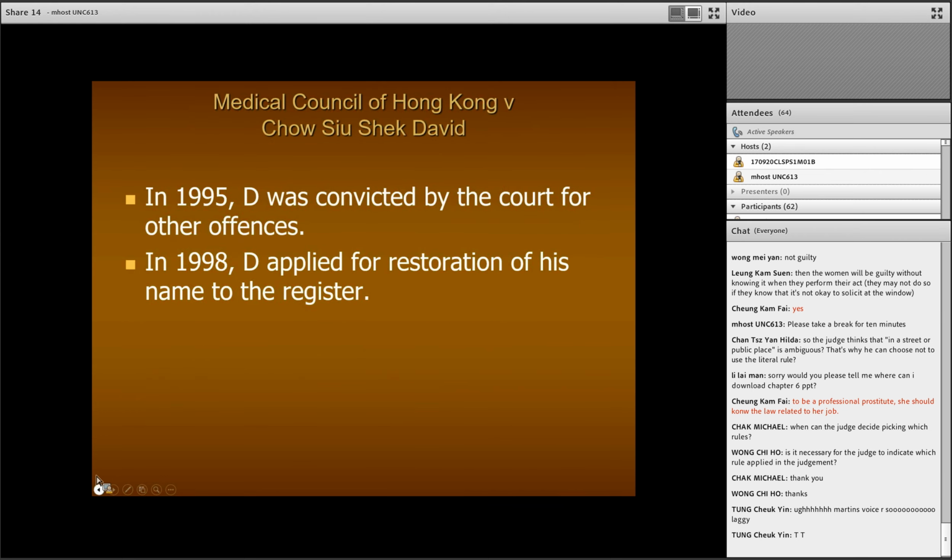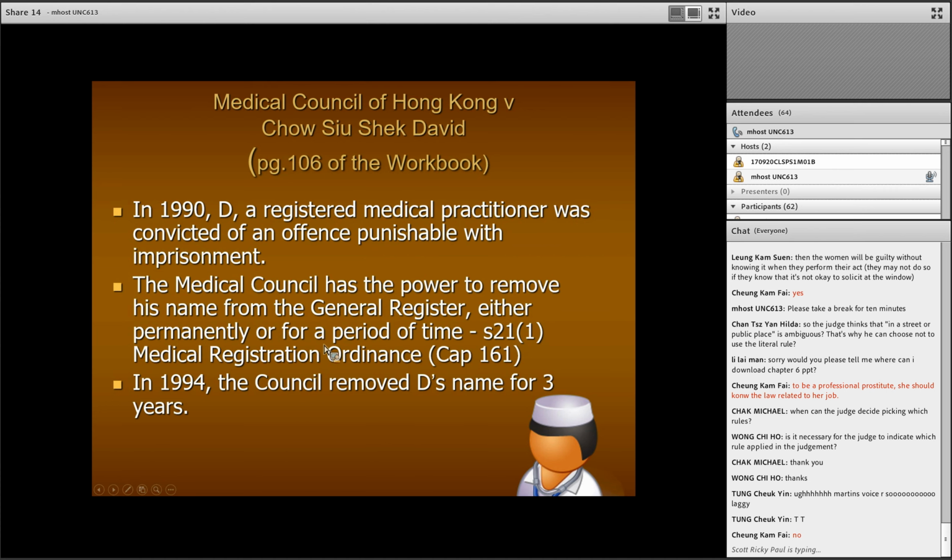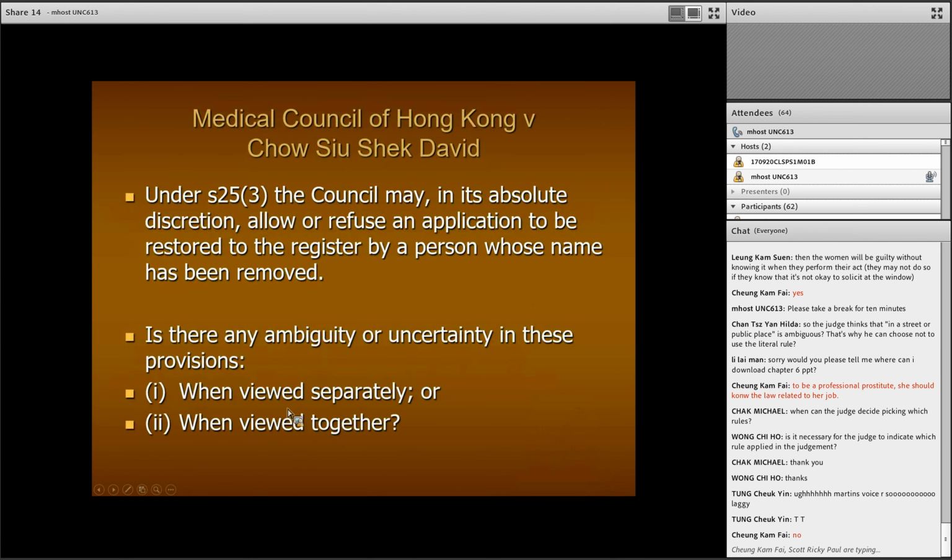When you look at section 21, subsection 1, can you find anything wrong? The answer is no. It's something so common sense. The removal either is permanent or for a certain period of time. Just like imprisonment, the imprisonment may be life imprisonment or it may be 1 year imprisonment, 3 year imprisonment. So you cannot find anything wrong. Okay?